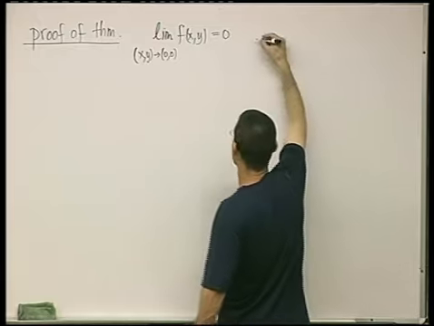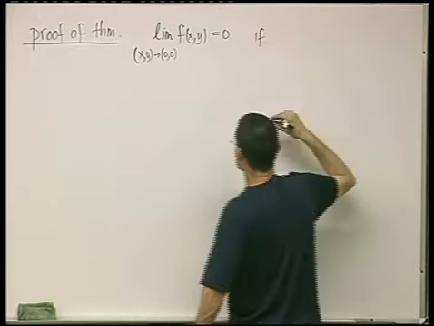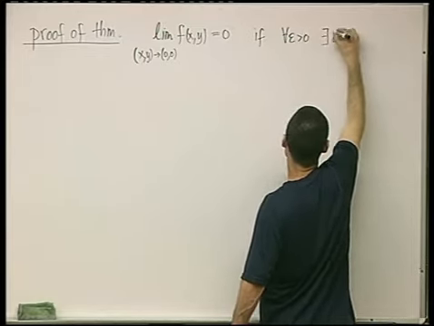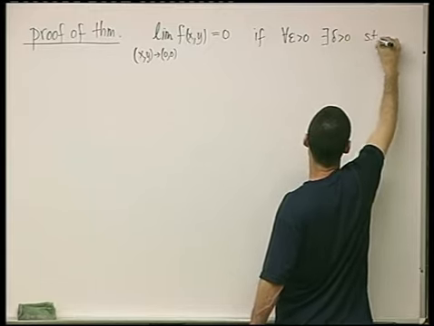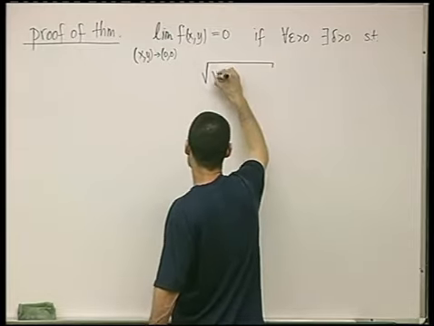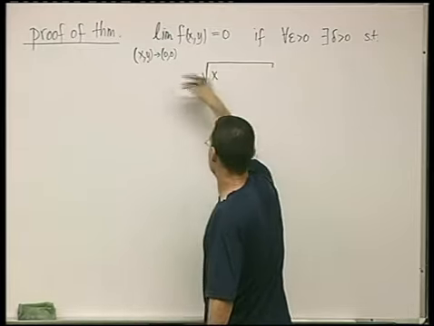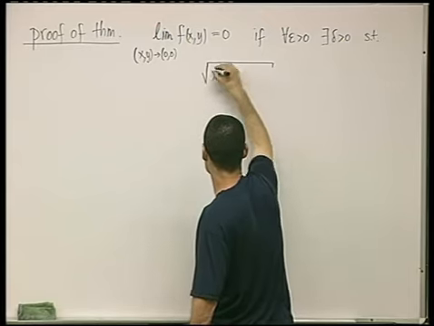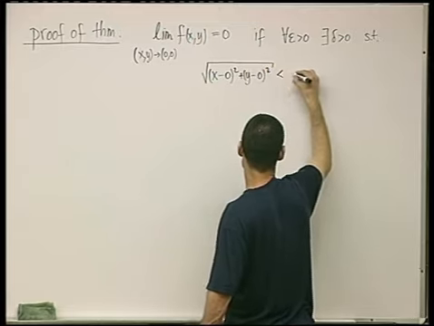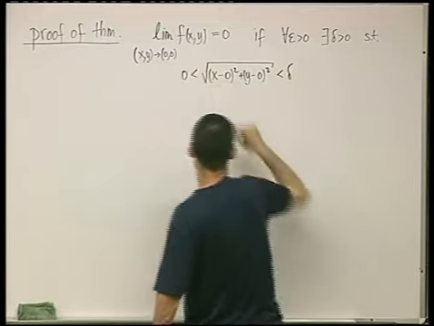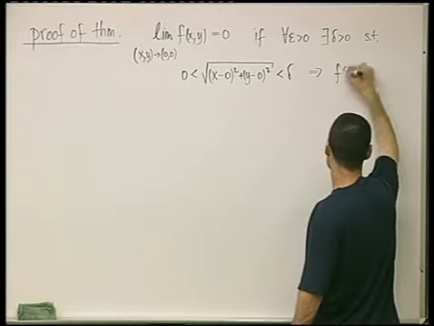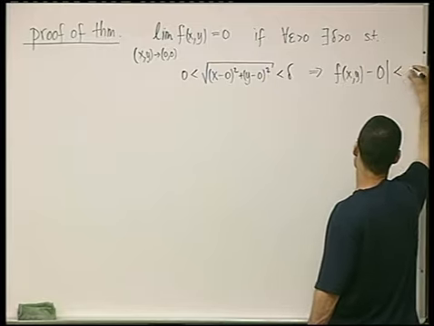So this happens if for any epsilon there exists a delta such that if the distance between (x,y) and (0,0), so the square root of (x minus 0) squared plus (y minus 0) squared, is less than delta and greater than 0, then |f(x,y) minus L| is less than epsilon.